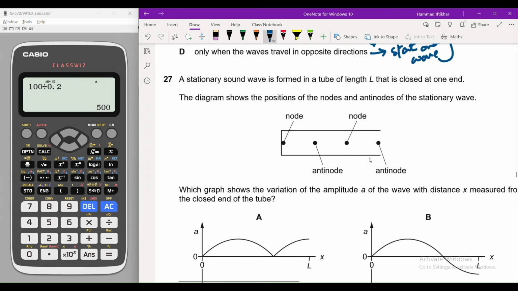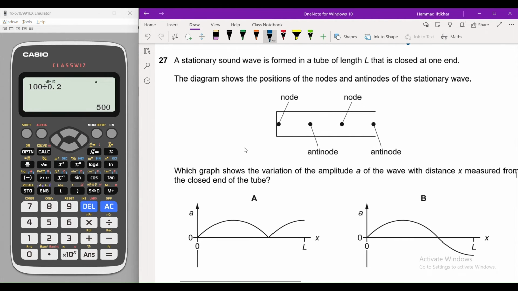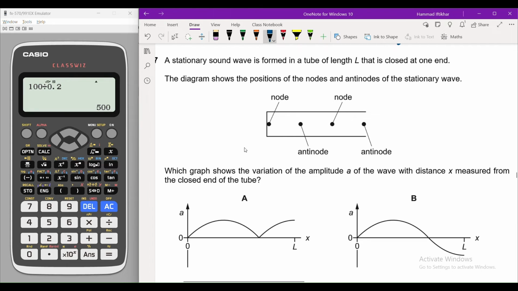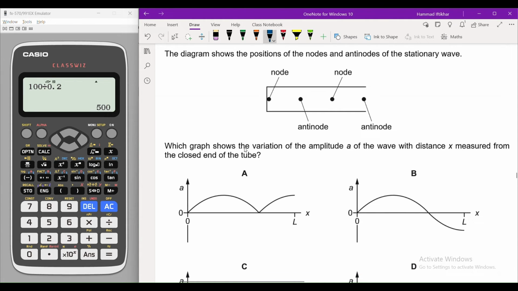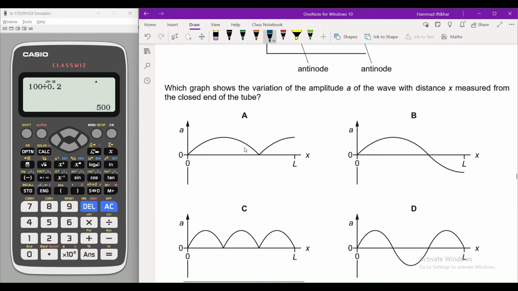A stationary sound wave is formed in a tube of length L that is closed at one end. The diagram shows the position of the nodes and antinodes of the stationary wave. Which graph shows the variation of amplitude A of the wave with distance x measured from the closed end of the tube? Amplitude is just the maximum displacement, not the displacement.